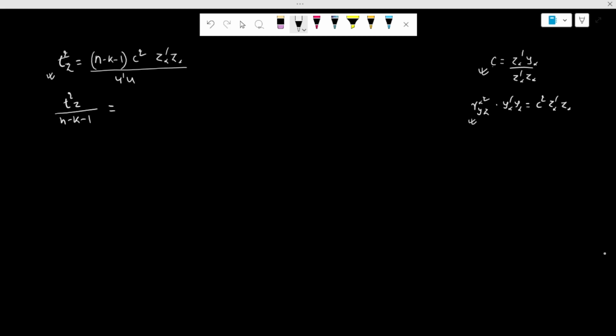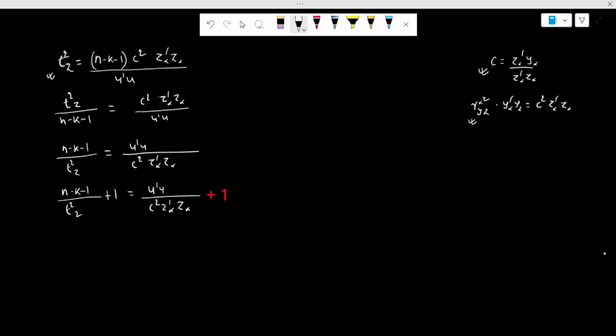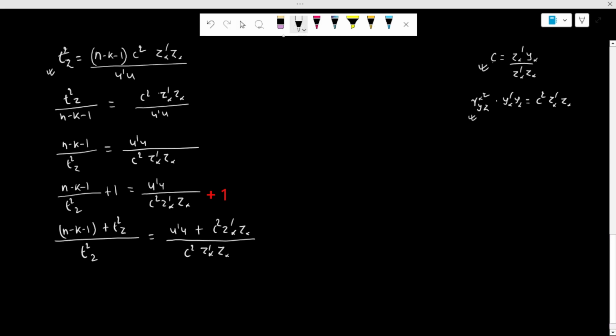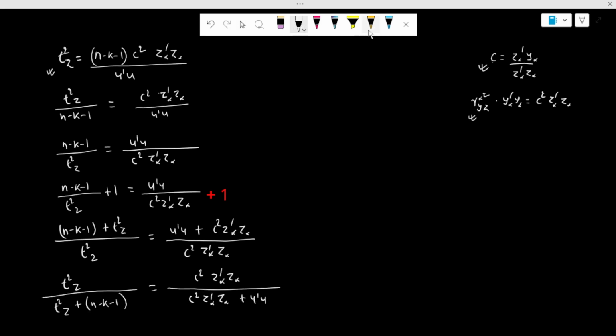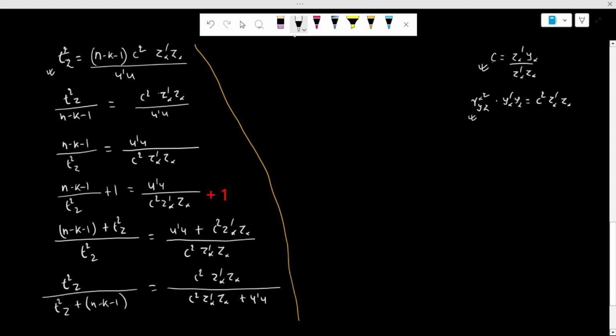Let us take the reciprocal of it, add 1 to both sides, and operate it, and let us take the reciprocal of it once again.